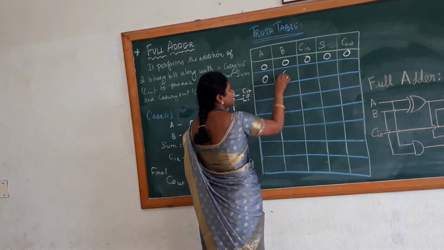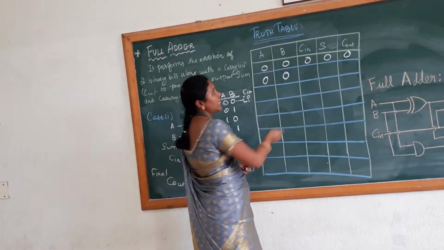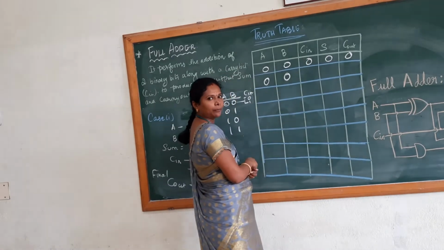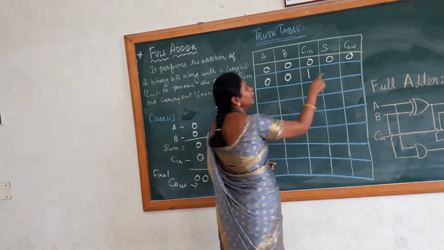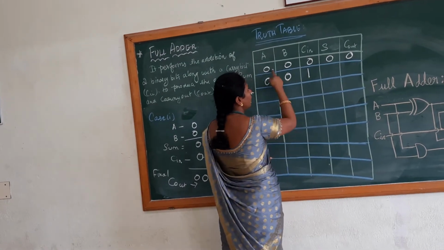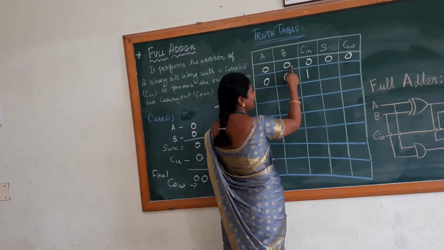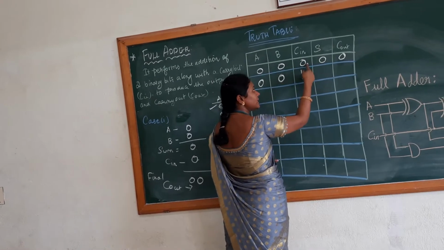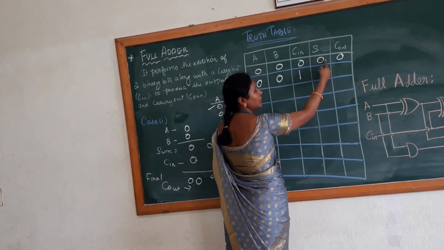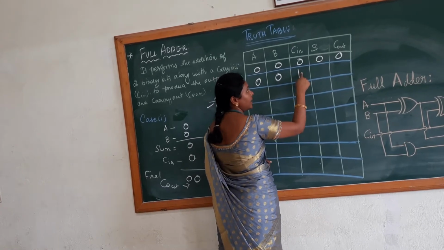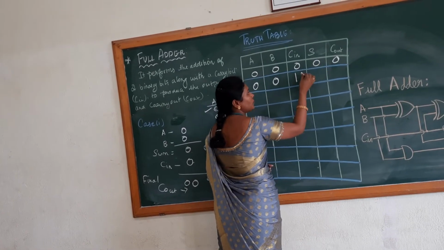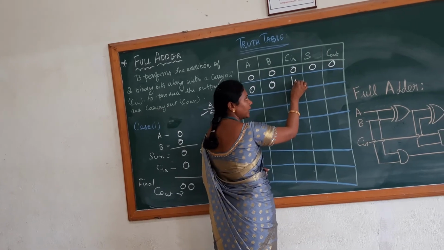Suppose for the same case, when the inputs are 0 0, the previous generated carry bit is 1. What would be the final output? As you all know, when both the inputs are added, the result is 0. If the previous carry generated is 1, then 0 plus 1 would be 1.